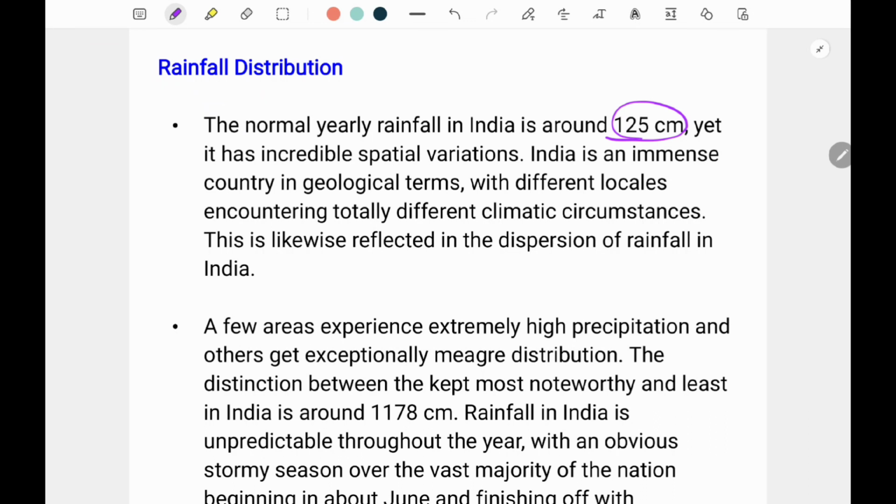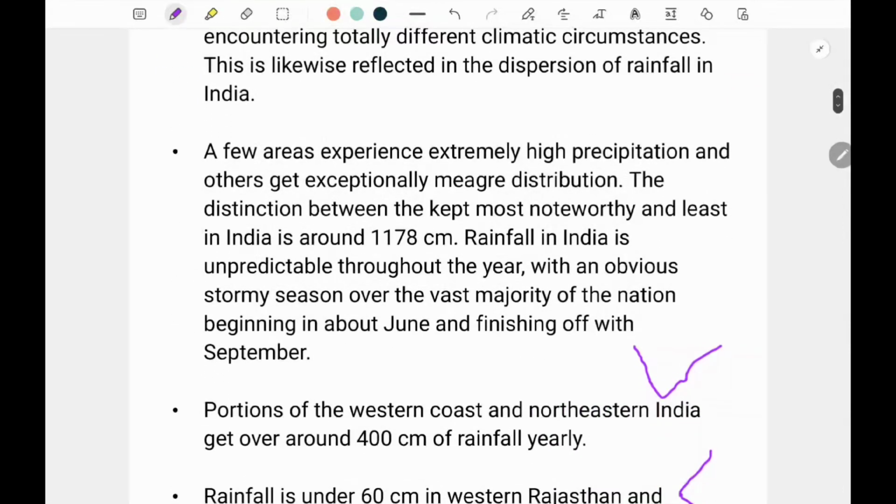Because of all these reasons, the rainfall is not equally distributed throughout the country. A few areas experience extremely high precipitation and others exceptionally meager. Somewhere it is very high, somewhere it is not at all there. The difference between the highest and the lowest in India is around 1178 centimeter.